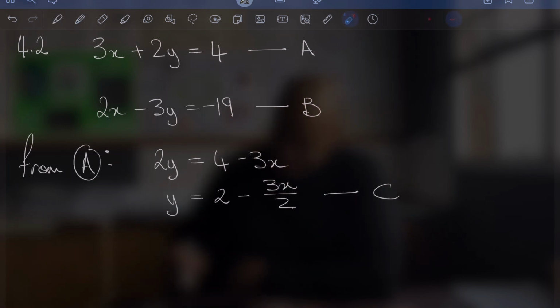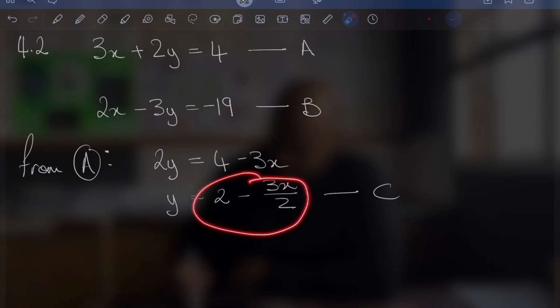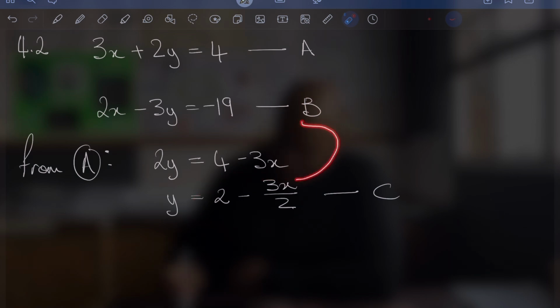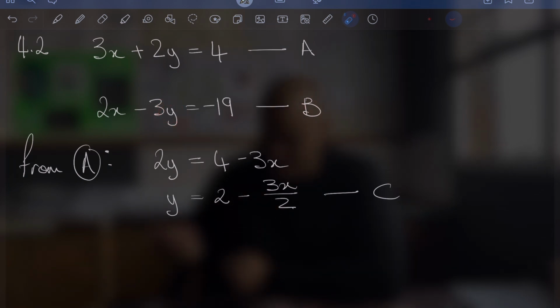Now I've isolated y in terms of everything else on the right hand side, so I can use this expression for y and substitute it into equation B wherever I see a y. In that way I've eliminated the y and I can then solve for x. So this is kind of elimination through substitution, if you will.